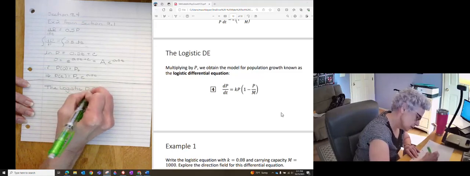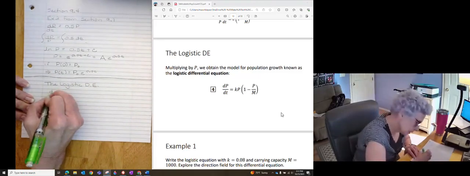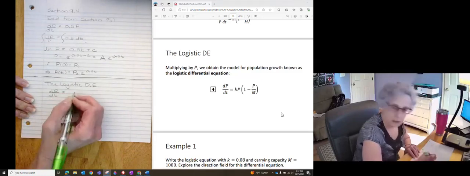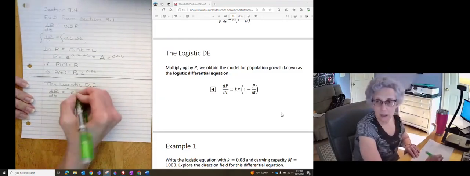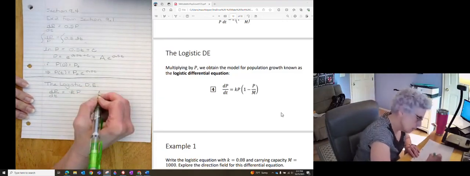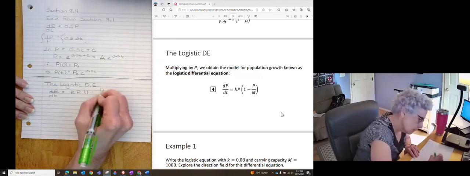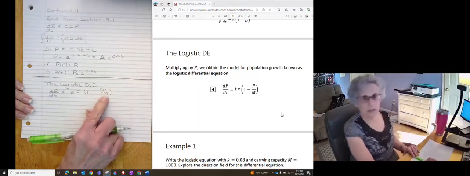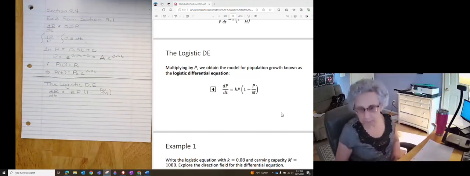The logistic differential equation. dP/dt is equal to a proportionality constant k times the population times 1 minus the population divided by the carrying capacity, or the maximum population.